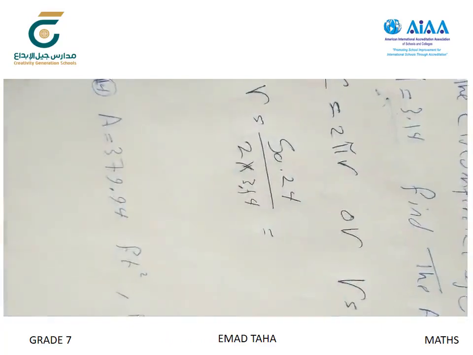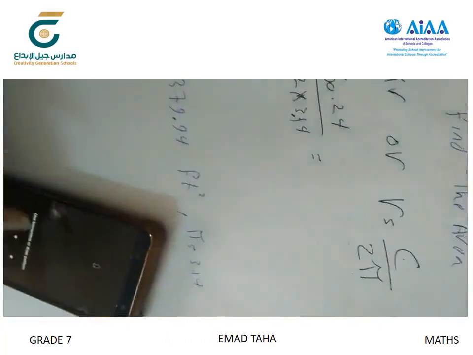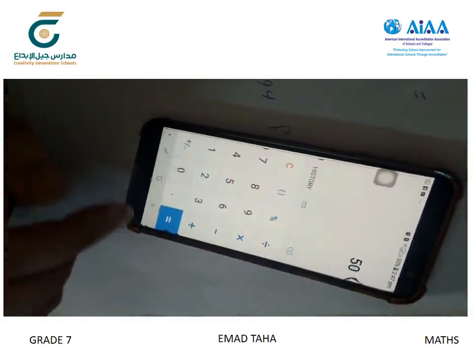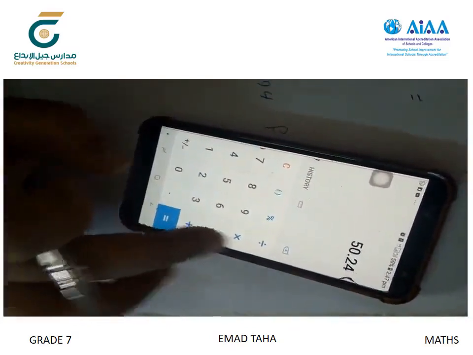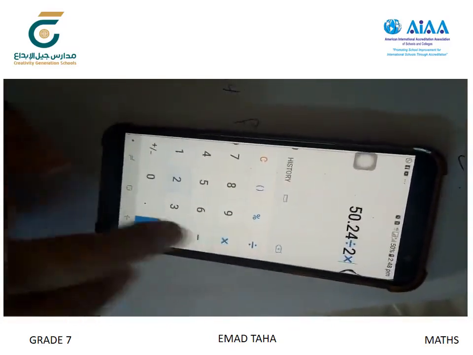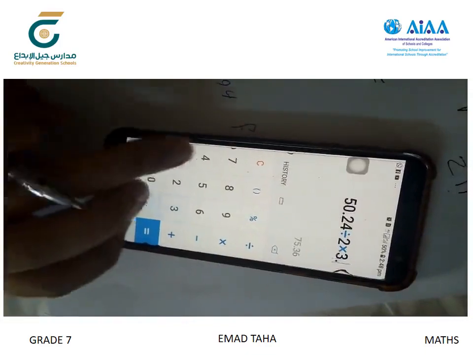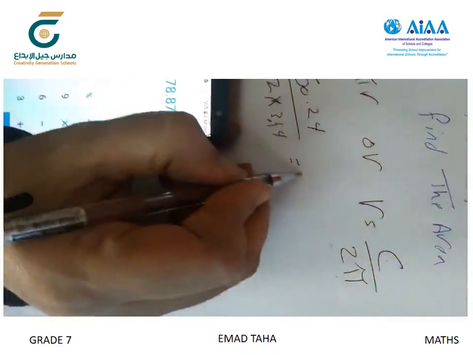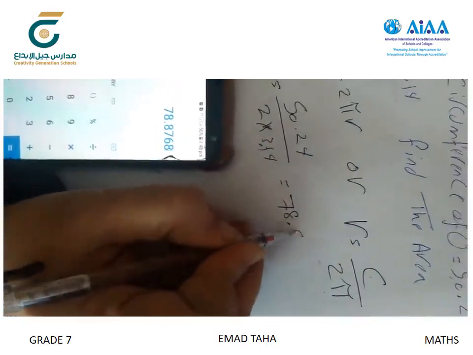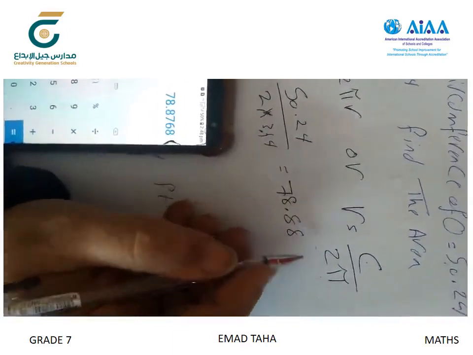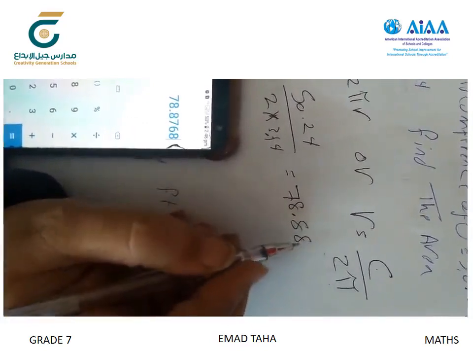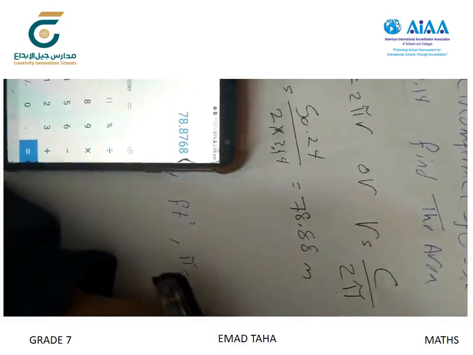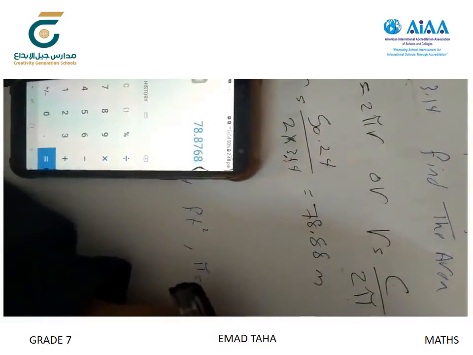So the radius equals 50.24 divided by 2 multiplied by 3.14 equals 78.88. The unit is meter. Now we get the value of r.